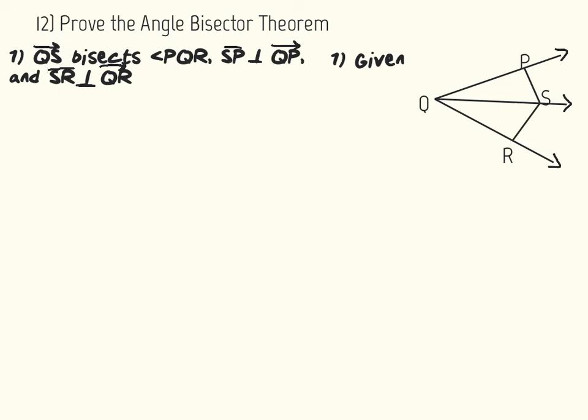So the first thing I'm going to do is mark what I know, which is that SP is perpendicular to QP, and I know QS bisects angle PQR. So I know there's the bisecting part, and the perpendicular part. Because those are both definitions in geometry, that's where I'm going to start my proof.